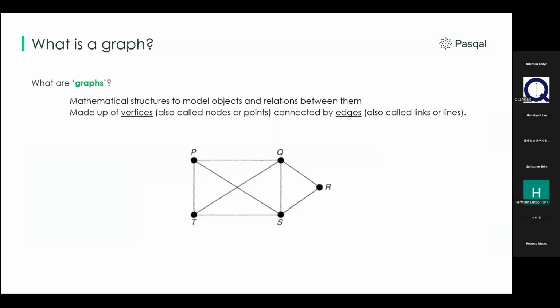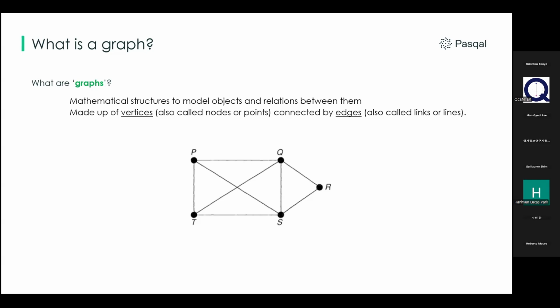So let's start with a little bit of an introduction. The first thing we need to discuss is what graphs are. Graphs in mathematics are one of the fundamental objects that serve as a foundation for many combinatorial problems.